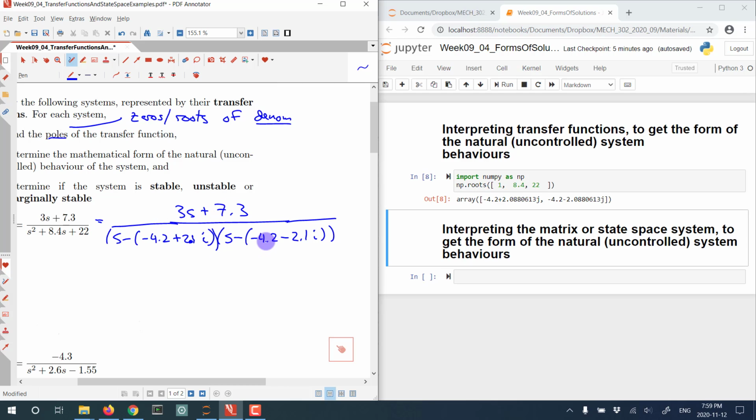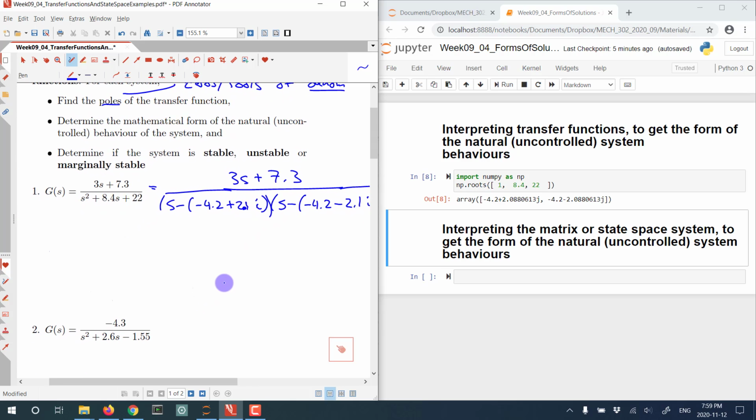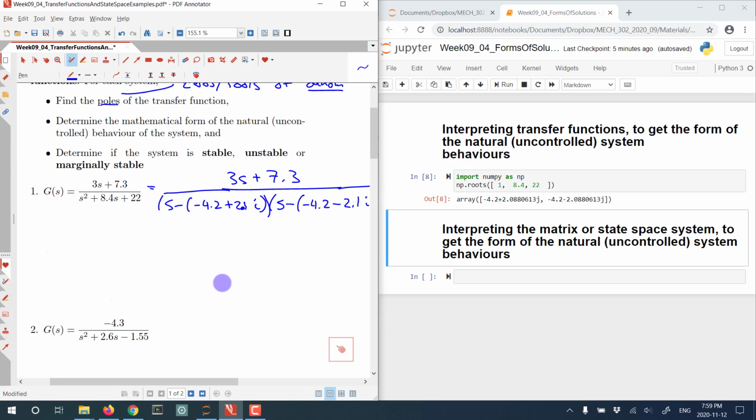Now this factored form can lead us through several different chains, but honestly it's always the same process. If you remember from the table of transforms, if we have 1 over s minus a, which is what we have here, when we do the inverse Laplace transform, what we're going to get is e to the at. So here, e to the negative 4.2 plus 2.1 i's times t.